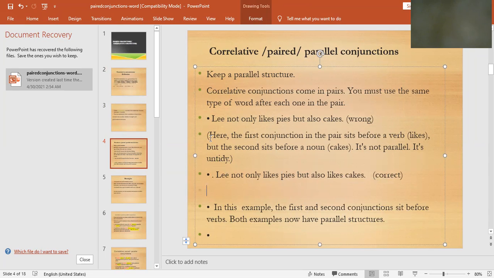If you read the explanation here, the first conjunction in the pair sits before the verb likes, but the second sits before the noun cakes, so this one is not parallel. But here, this one is parallel. In this example, the first and the second conjunctions sit before verbs. Both examples now have parallel structure, so it's correct.